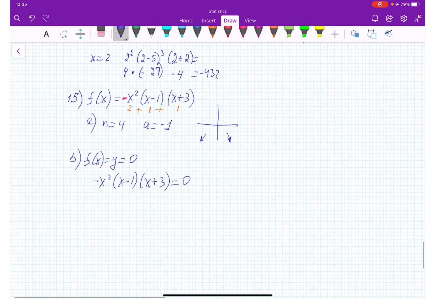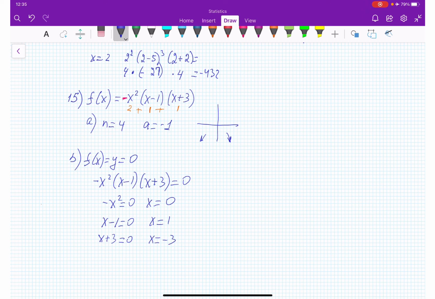From here, negative x squared equals 0, which is x equals 0. X minus 1 equals 0, which is x equals 1. And x plus 3 equals 0, where x equals negative 3.